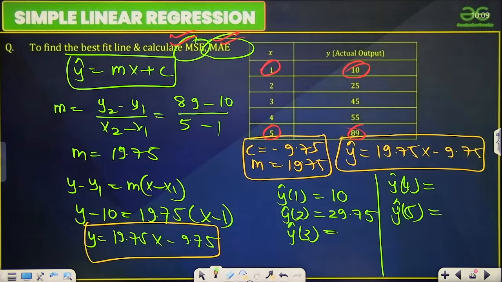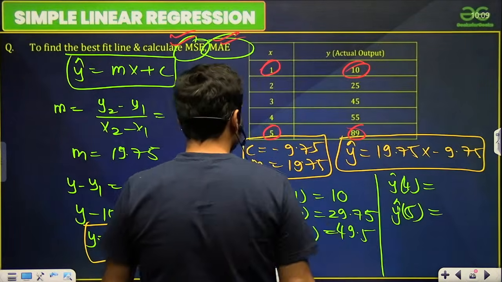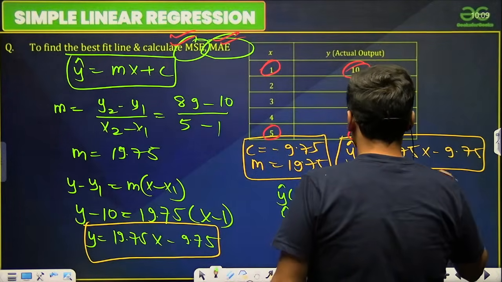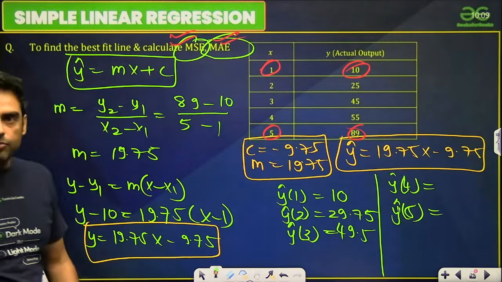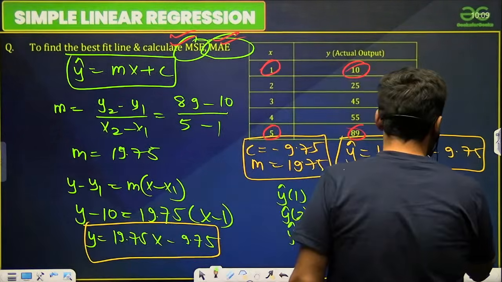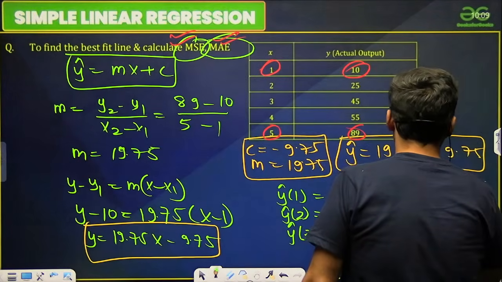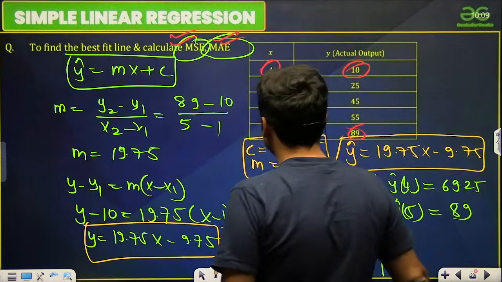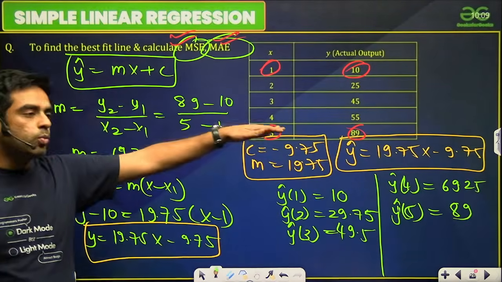After putting x equals 3, y hat 3 you would be getting 49.5. After putting x equals 4, you would be getting 69.25, and after putting x equals 5 you would be getting the value as 89, right? So these are the values that I obtained after putting x equals 1, 2, 3, 4, 5.